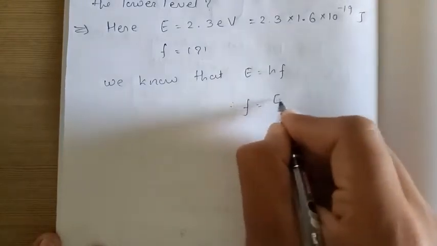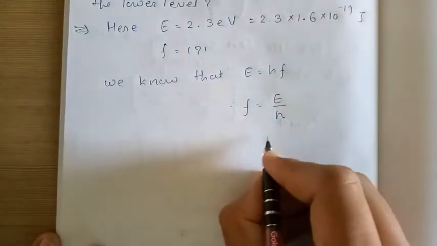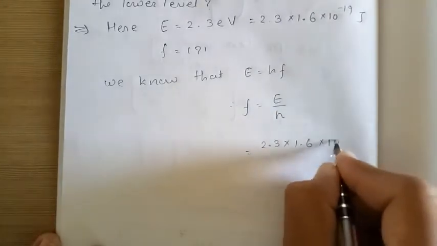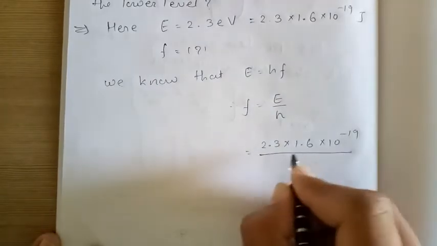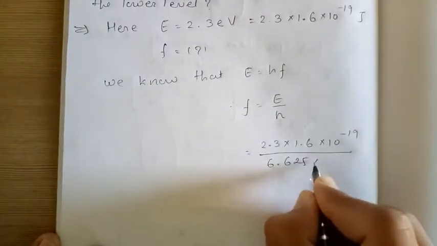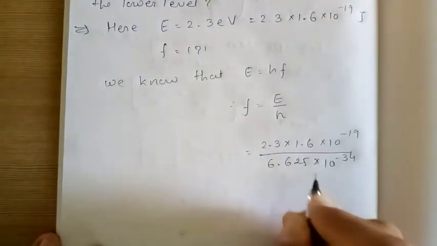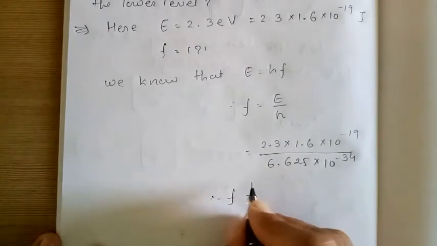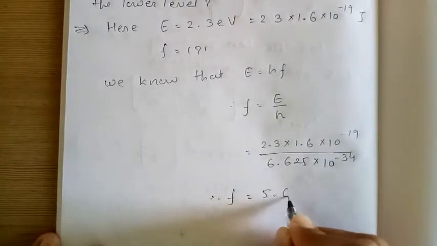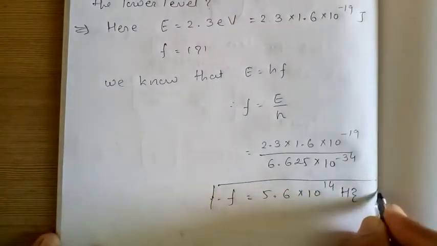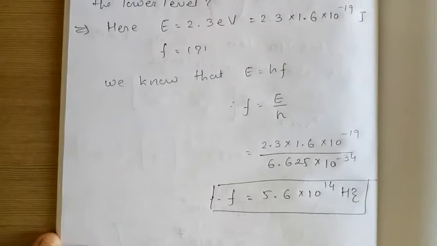So F is equals to E upon H. Value of E is 2.3 into 1.6 into 10 raised to minus 19 upon value of H, 6.625 into 10 raised to minus 34. So we get the value of frequency F is 5.6 into 10 raised to 14 Hertz.